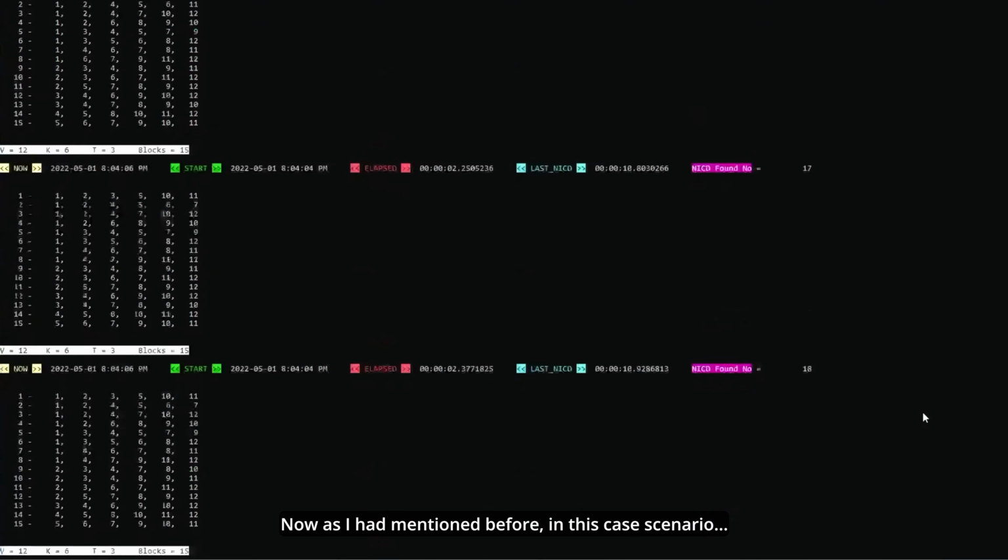Now, as I mentioned before, in this scenario, we know that there are 68 non-isomorphic covering designs.